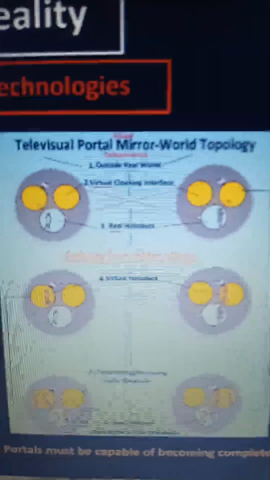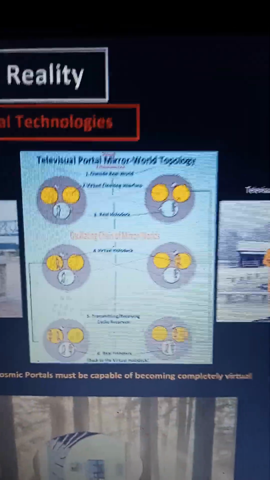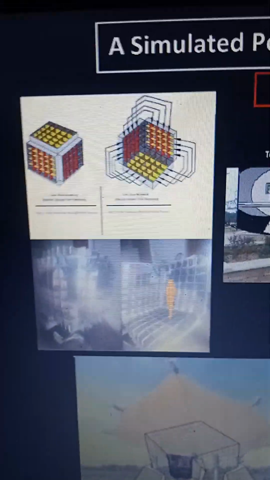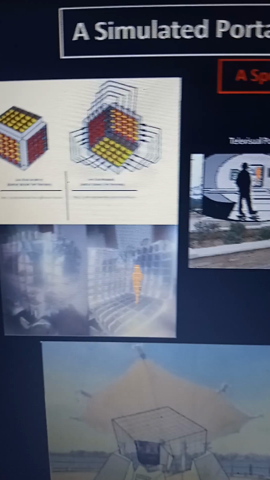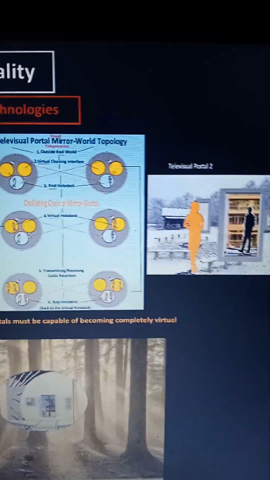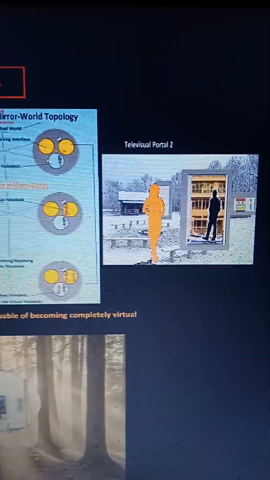I believe that this mirror world topology is embedded in the very fabric of our reality. The fact that you can go from a photographic portal to a televisual portal. I don't think the world exists in strings at its most basic level. I think a lot of physicists are coming to agree with that; to me, I never liked string theory. I believe our world exists in intersections of different types of realities that intersect each other.